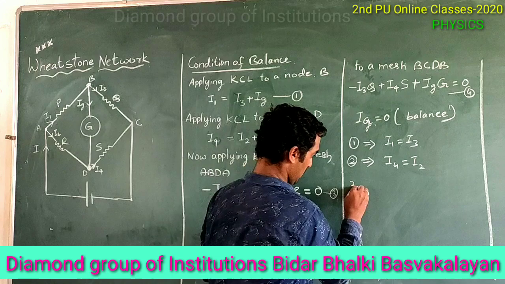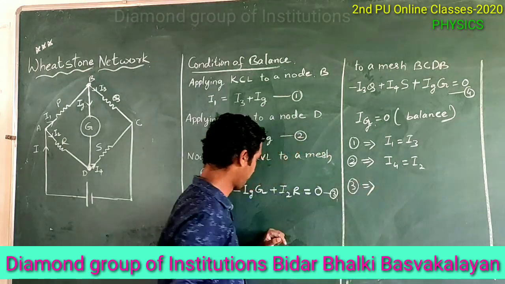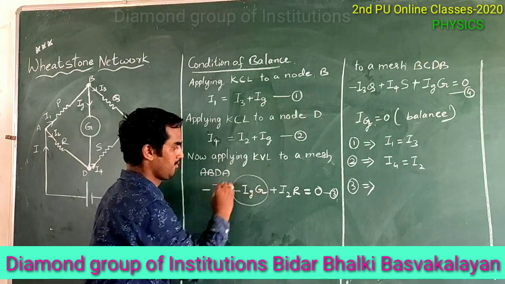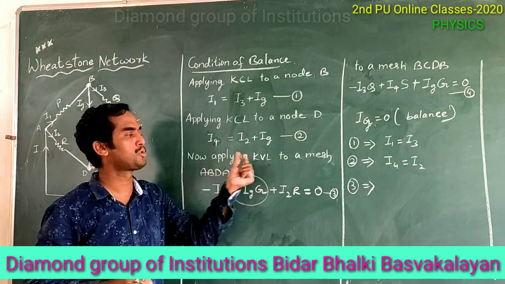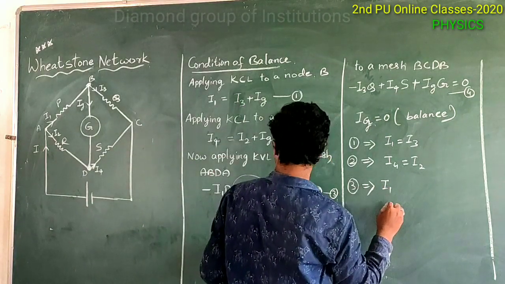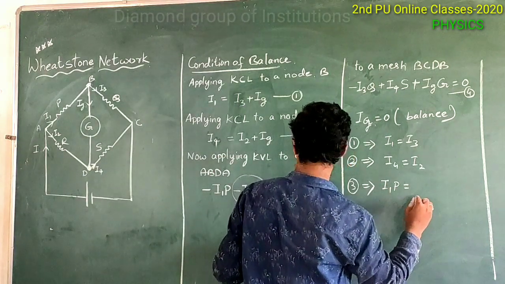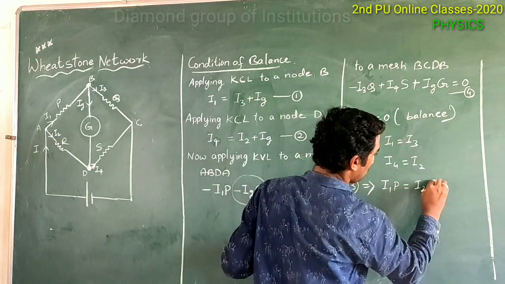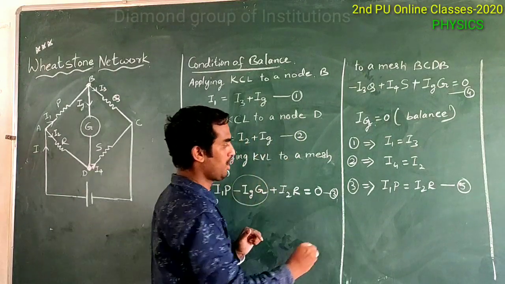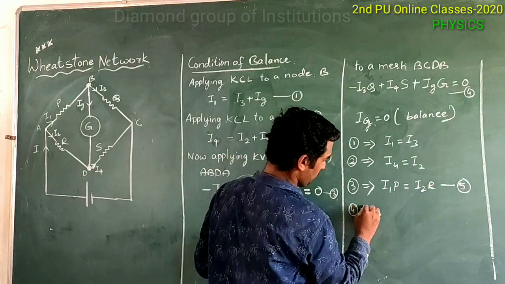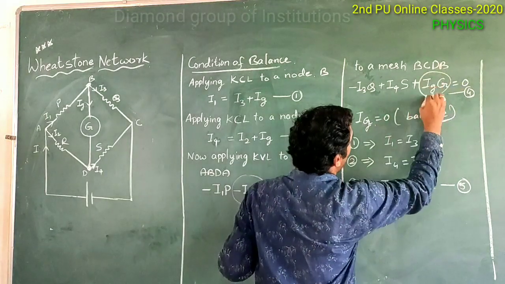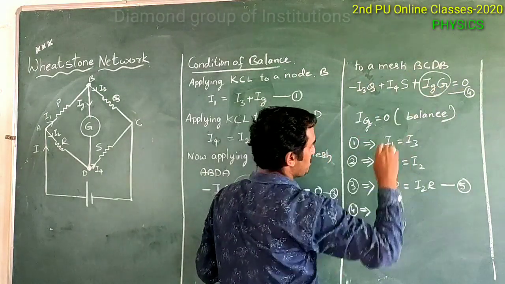So what does equation 3 become? This term becomes 0 and this minus term goes to that side, it becomes positive, plus. So I1P equal to I2R. This is equation number 5. Next, equation 4 implies this value becomes 0 and this minus goes to that side.